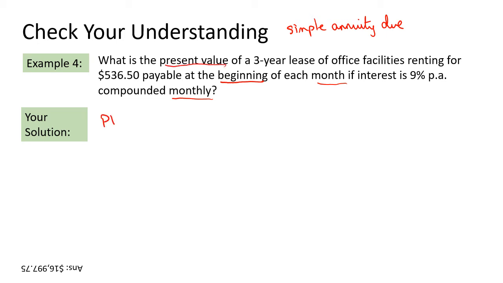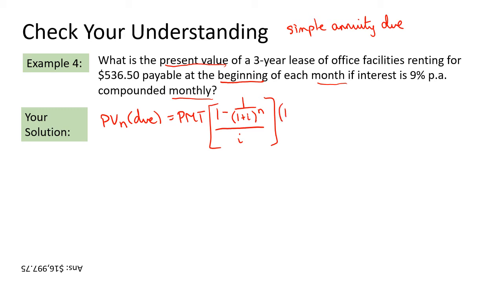So we start with our formula. Present value for an annuity due is equal to your payment times 1 minus 1 divided by 1 plus your periodic interest rate I to the exponent n, divided by your periodic interest rate I, and that's multiplied by this additional 1 plus I term. So again, everything we know, our payments are $536.50.